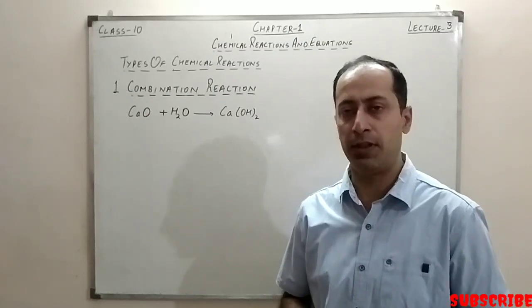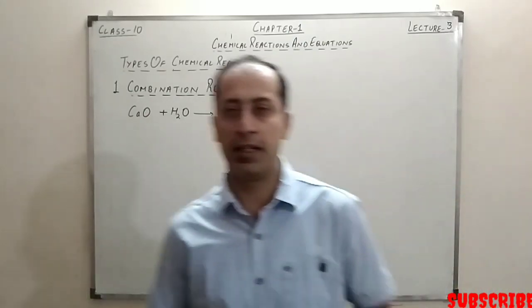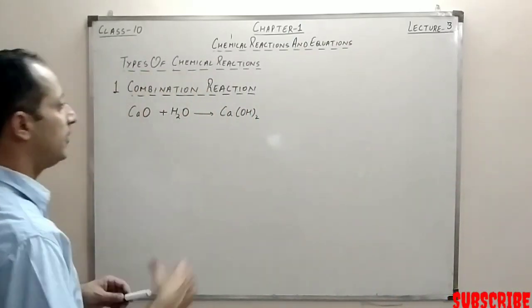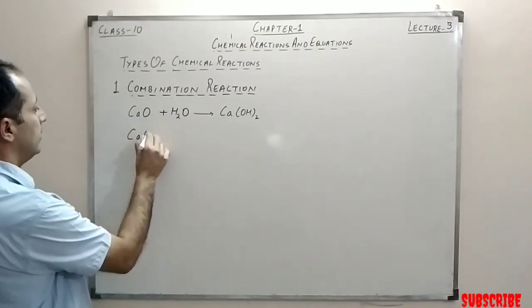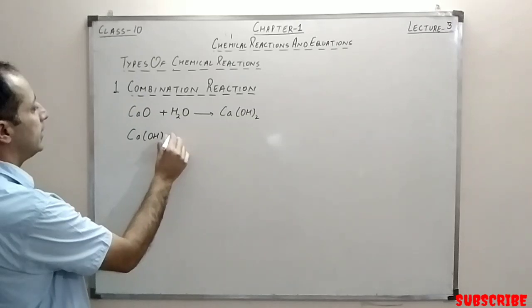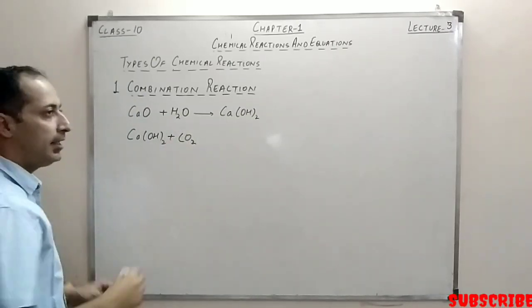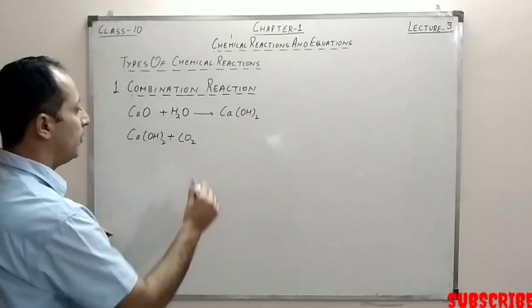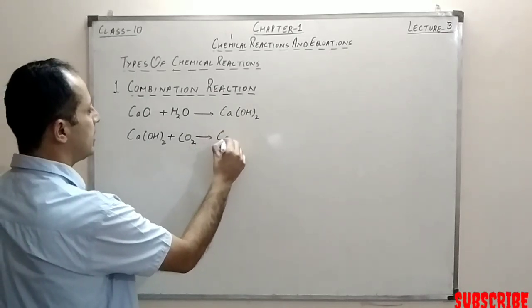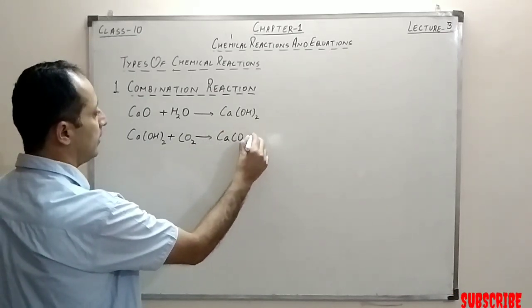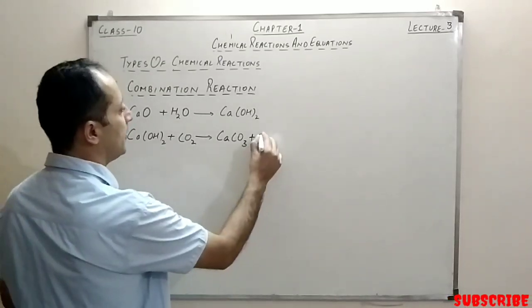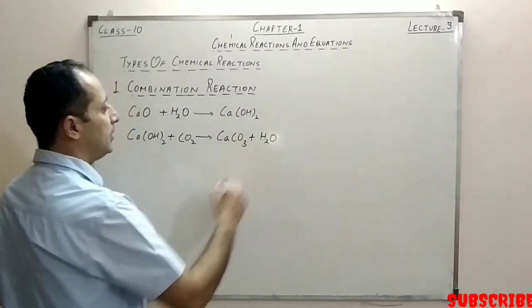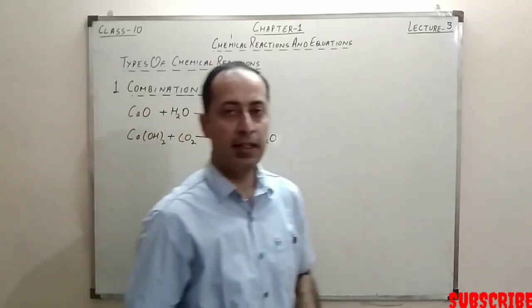Further, when we put this calcium hydroxide on the walls, it reacts with CO2 present in the air, and it forms calcium carbonate, and the water is released, right? So this is what happens in this reaction.